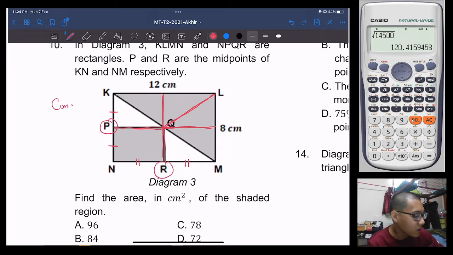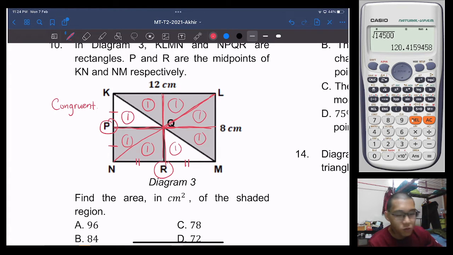You need to revise congruence. That means this is congruent to this, and this, and this. So in total we have 8 congruent triangles, and 6 triangles are shaded.